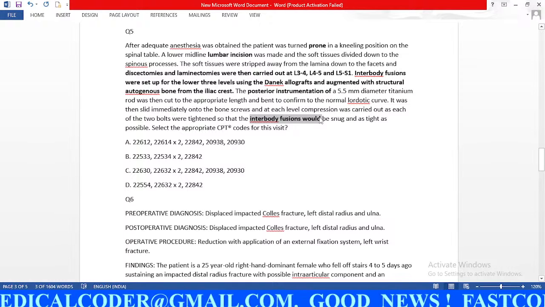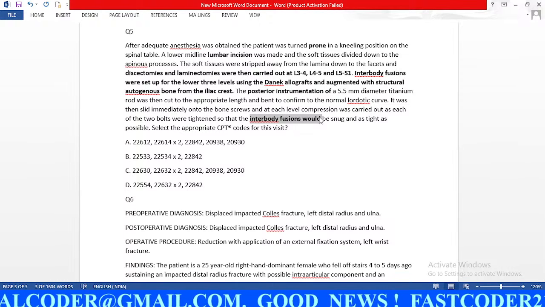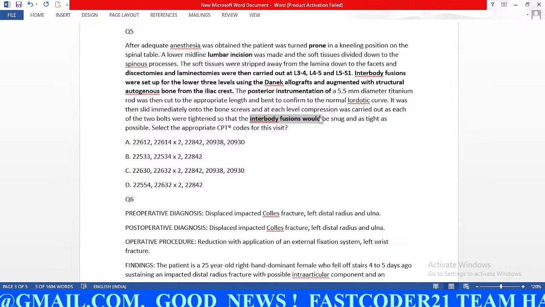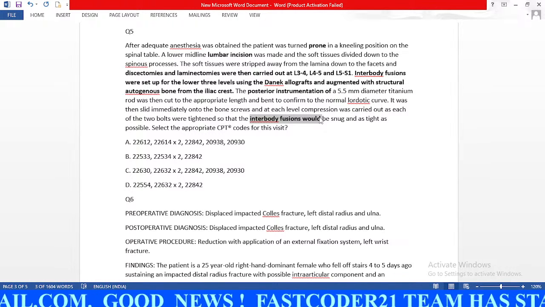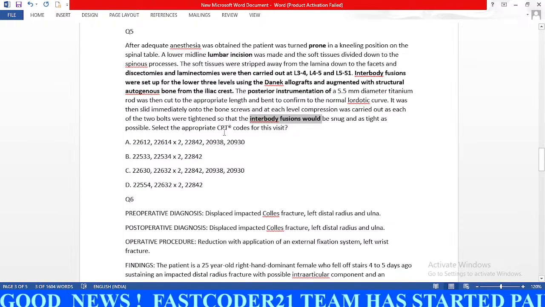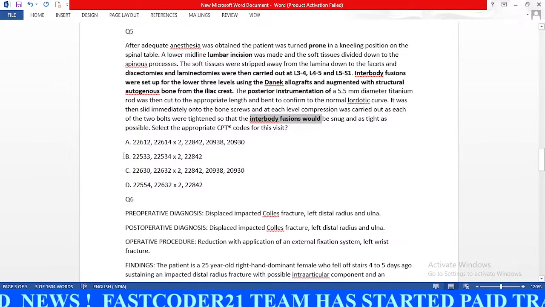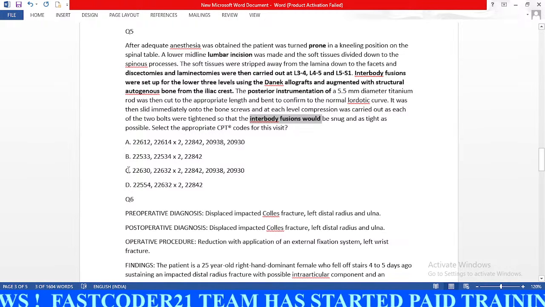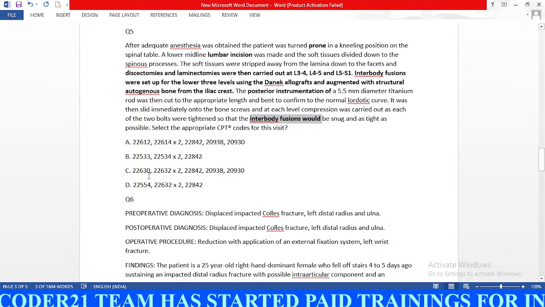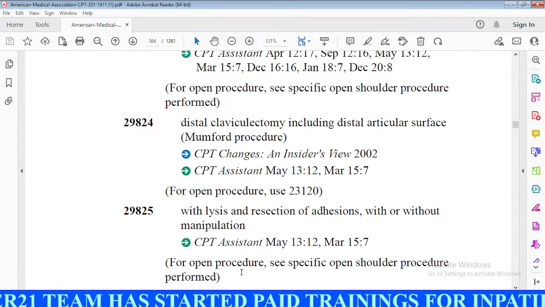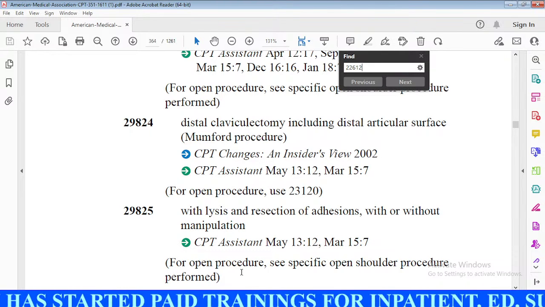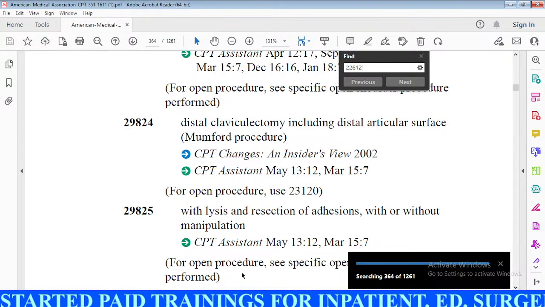When we narrow down these questions, the patient is placed in the prone position, so it is a posterior procedure. So we can directly eliminate B and D. We are left with A and C. We will check 22612 first, then we will check 22630.